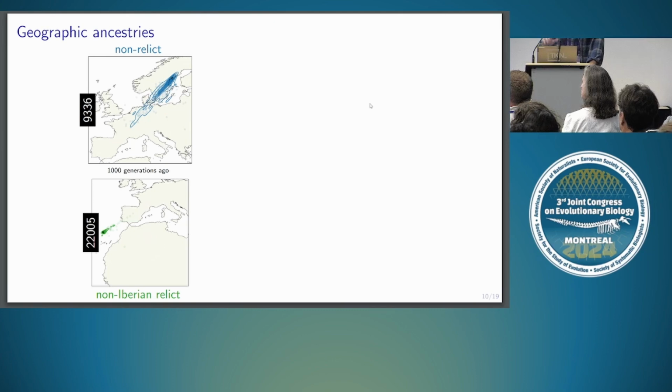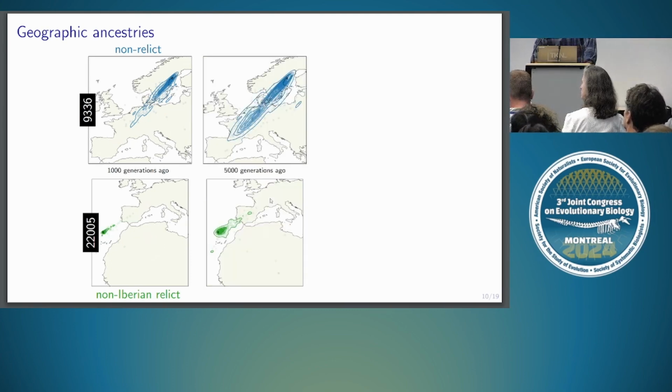And then what I think is the fun part is applying this to ancestor locations, and so I'll show you just one picture of that, where we compare a non-relic sample. This is from the Middle Eastern refugia that is now in northern Sweden, and a non-Iberian relic from the Madeiran Islands. So this is a more deeply diverged sample here at the bottom. And this is the distribution that you see as this contour plot of where its ancestors are, about 1,000 loci, if I remember correctly.